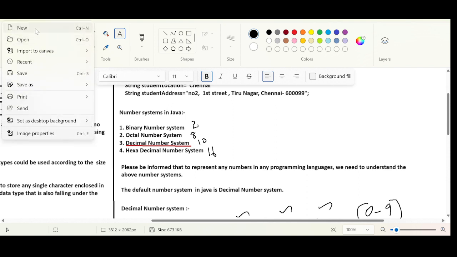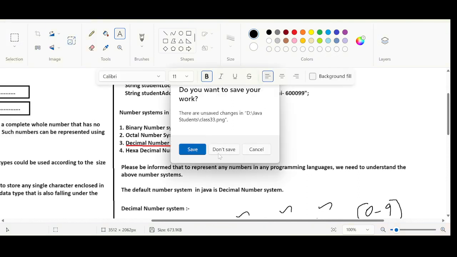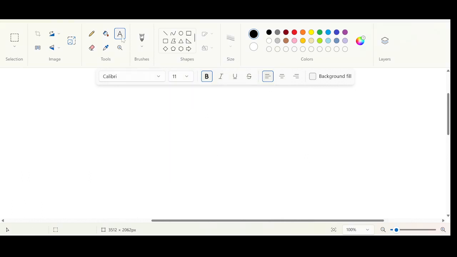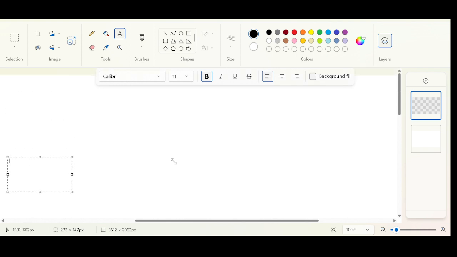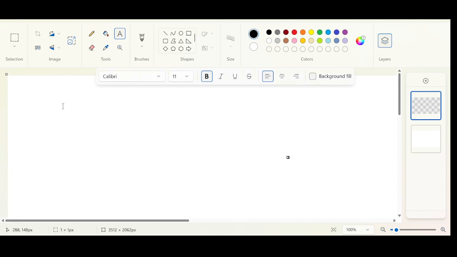Right? Let's proceed. Today the topic is number systems in Java.